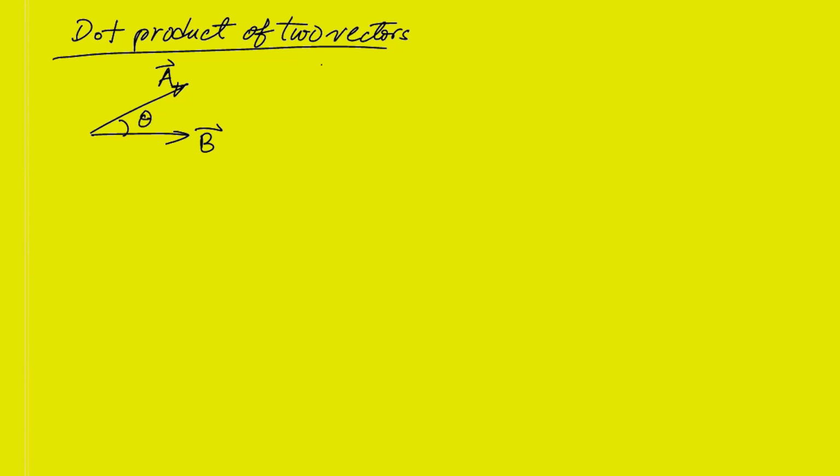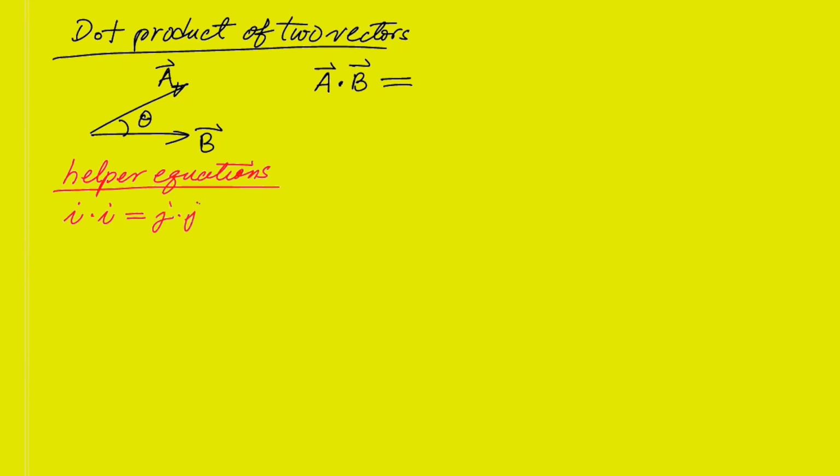To perform a dot product between A and B, we will need some helper equations. We will look at how to perform dot product between two unit vectors, i dot i or j dot j or k dot k.